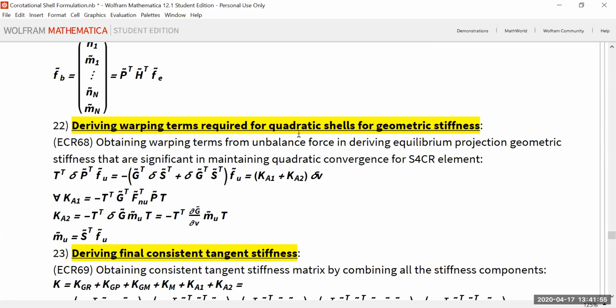The reason being is for the quadratic shells, you're going to get this warping effect, warping terms, and how that gets incorporated is from the unbalanced force.